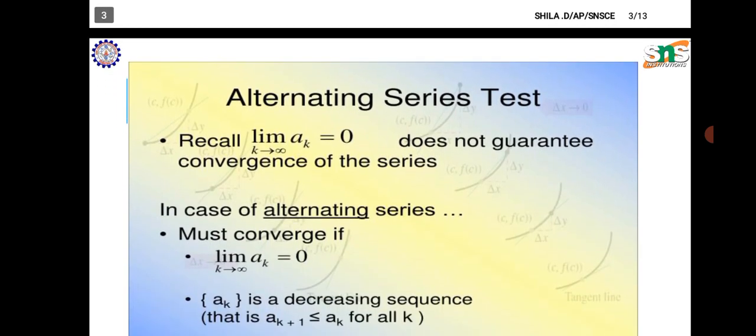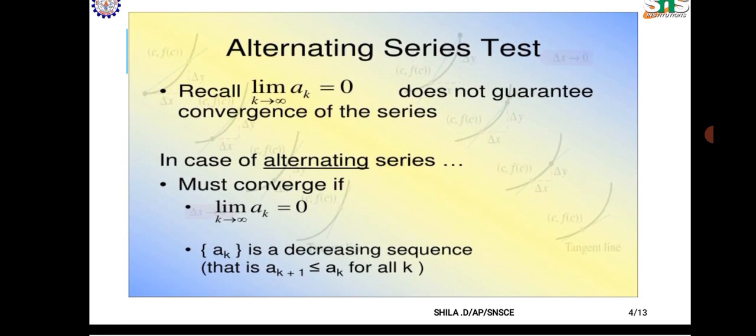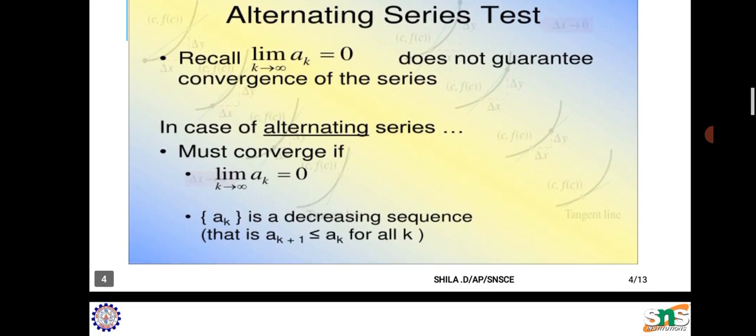To test whether the alternating series is convergent or divergent, we know the general term is ak. When the limit as k tends to infinity of ak is equal to 0, it doesn't make you sure that it converges. So for an alternating series, two things should be verified. First, the limit as k tends to infinity of ak should be equal to 0.